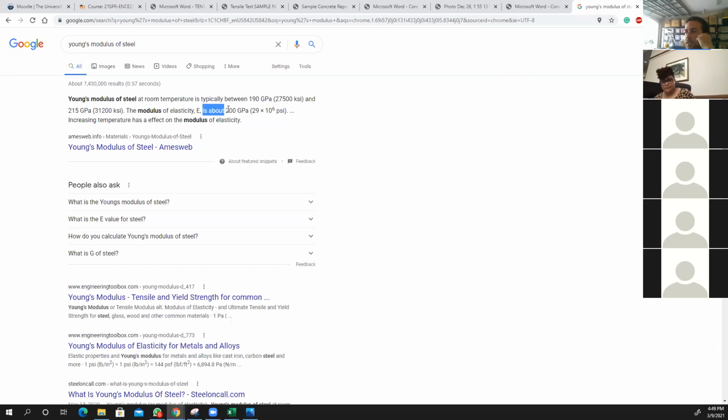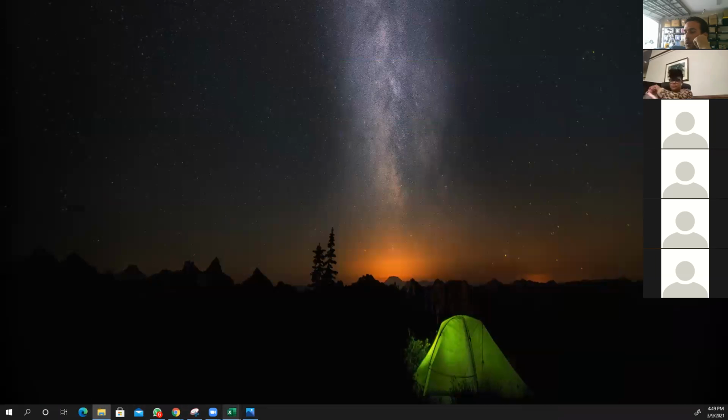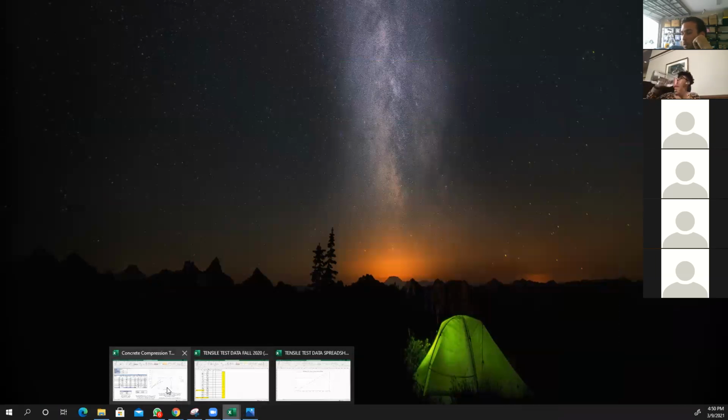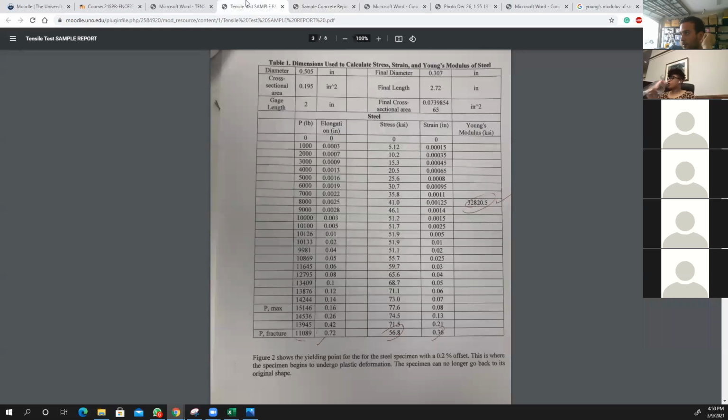So Young's modulus of steel is 200 gigapascal, or 29 times 10 to the 6 psi, or 29 times 10 to the 3rd KSI. So we have only one Young's modulus for the steel sample that we tested, and it should be around 30,000 in our sample. Let me see. It's 32,000.